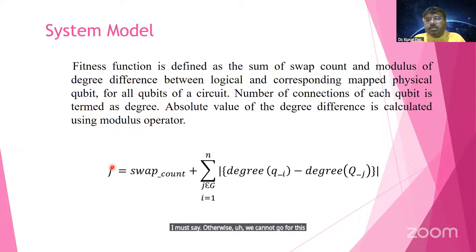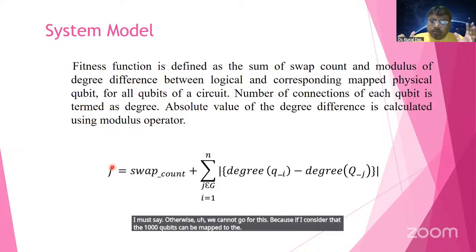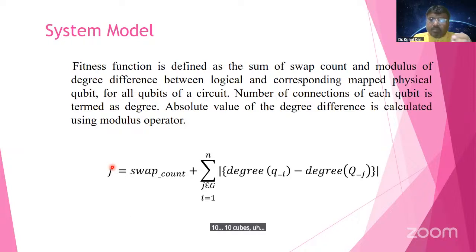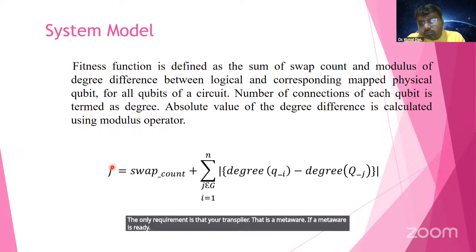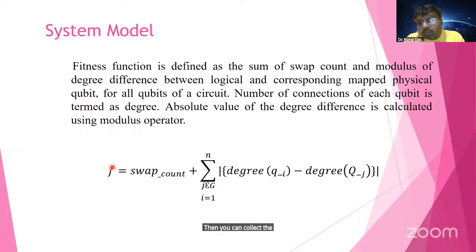Because if I consider that the 1,000 qubits can be mapped to the currently available quantum chips, then it's the 1,000 qubits. The only requirement is your transpiler, that is the metaware. If the metaware is ready, then you can connect the other quantum hardwares. So we are looking for that.